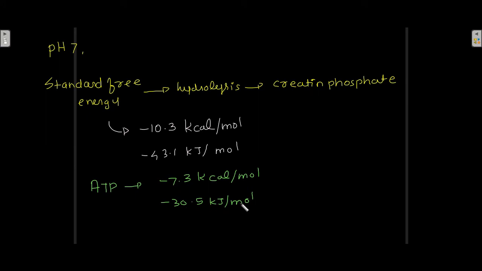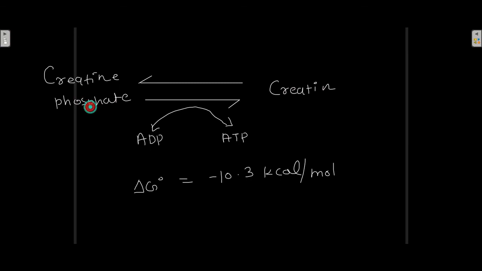So the standard free energy of the creatine phosphate is much higher as compared to ATP. So when creatine phosphate gives its phosphate, ADP is converted to ATP, and creatine takes the phosphate from ATP and gets converted into creatine phosphate. Okay, so this is how the reaction goes, and the standard free energy change for this reaction is minus 10.3 kilocalorie per mole.